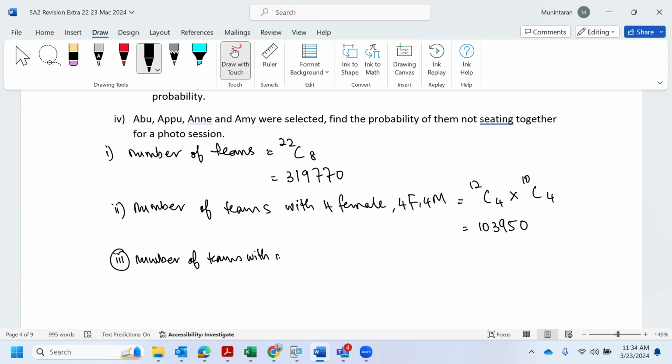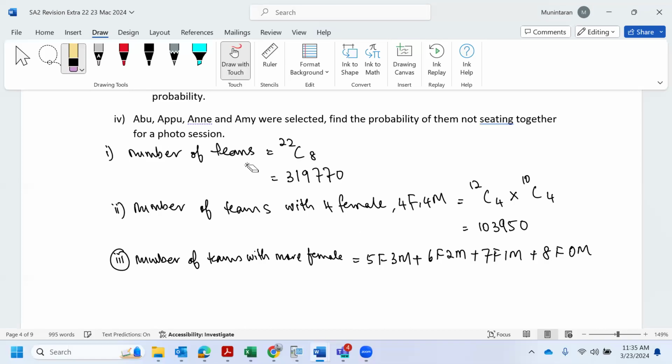Because the total is 8, if 4 is equal, more female means you start with 5 female, 3 male, plus 6 female, 2 male, plus 7 female, 1 male, plus all 8 female, 0 male. For each one, you have to do nCr.